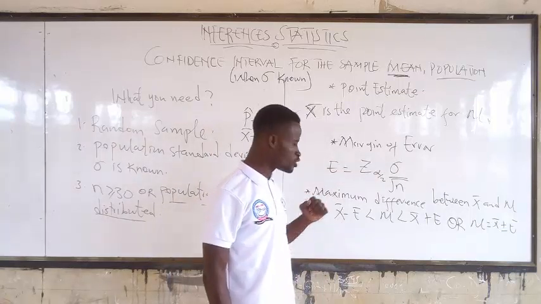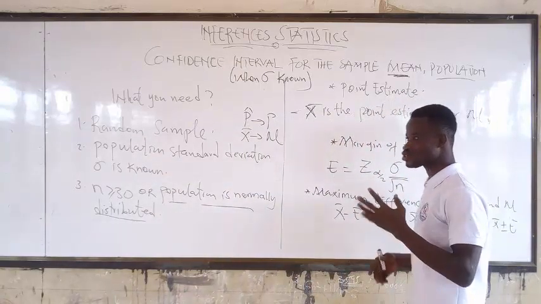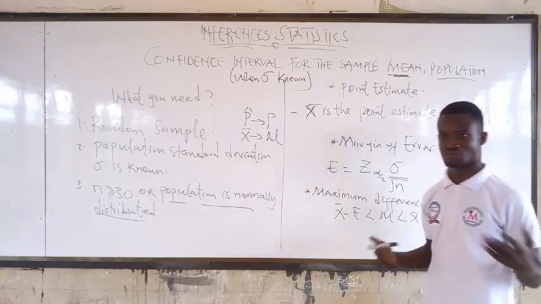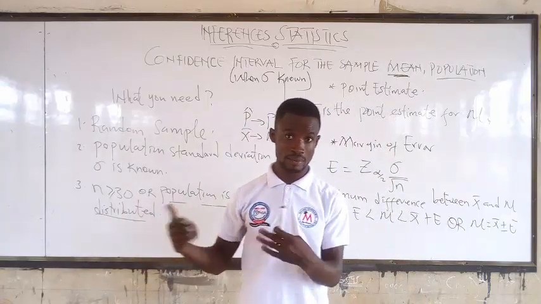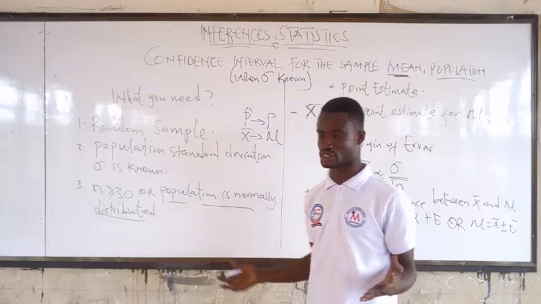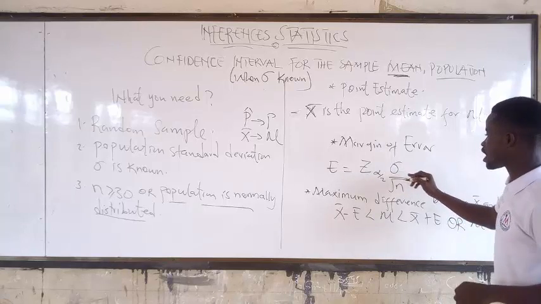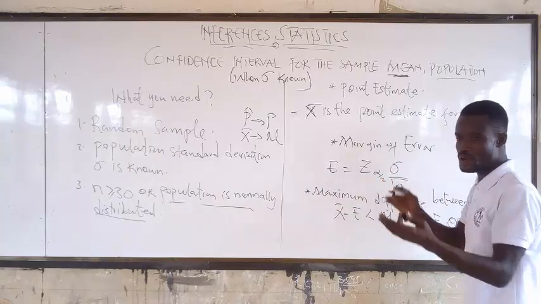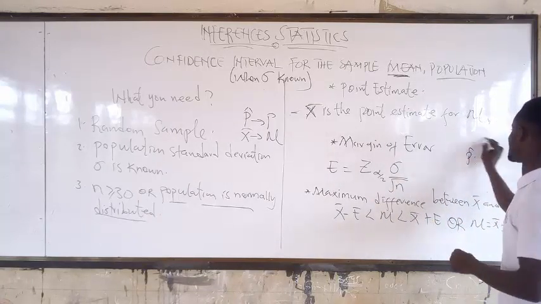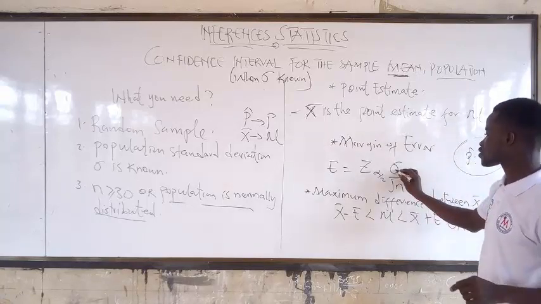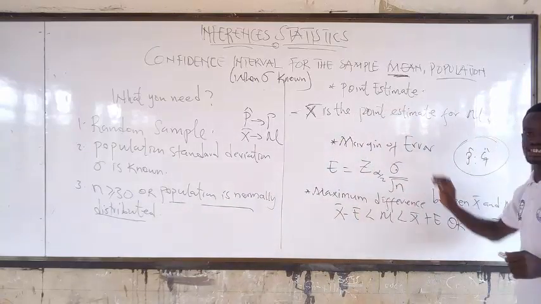The margin of error. Since here you will not be hearing something like the proportion or the percentage, if you compare this formula to the other one, we have p hat times q hat there. Since that will not come in the question, you have to be expecting population standard deviation, so that will represent this side for you.